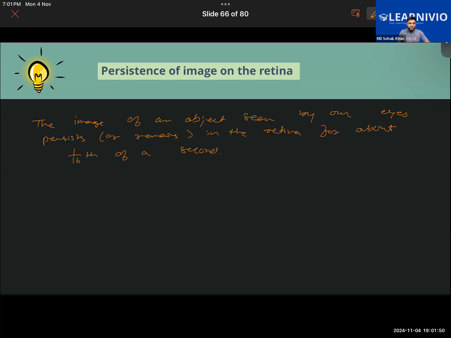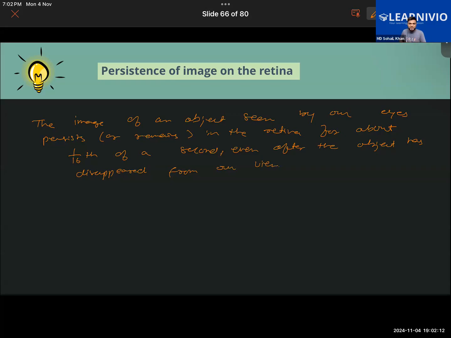And even after the object would have disappeared from our view, it would remain there.